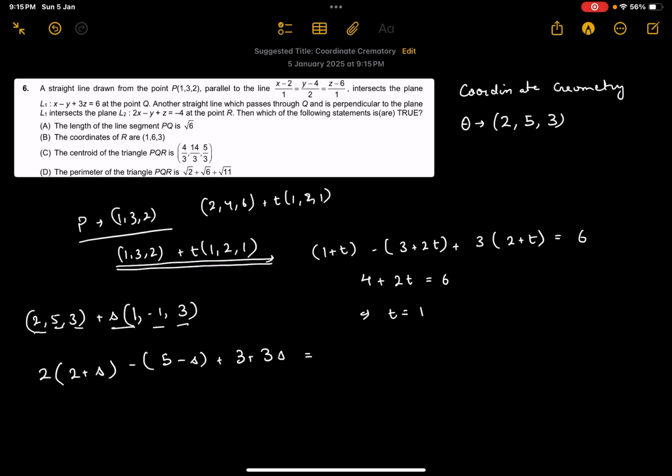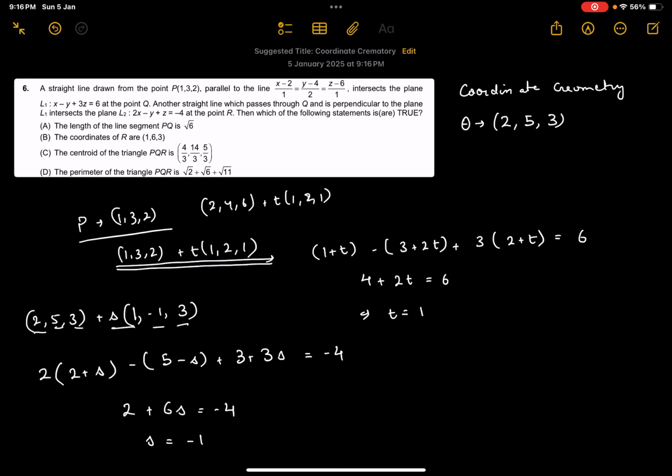It equals minus 4. We get 4 minus 5 minus 1 plus 3, 2s plus s, 3s plus 3s, 6s. It gives us s equals minus 1.